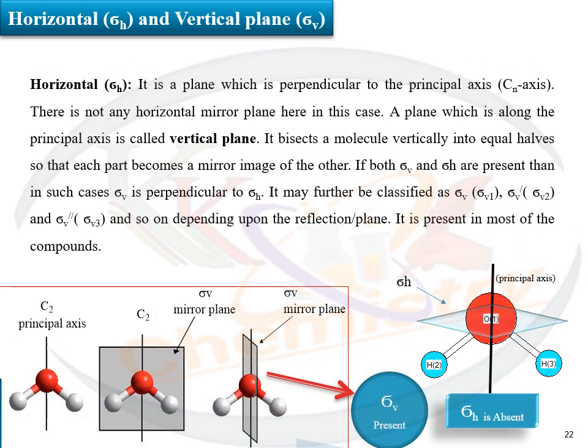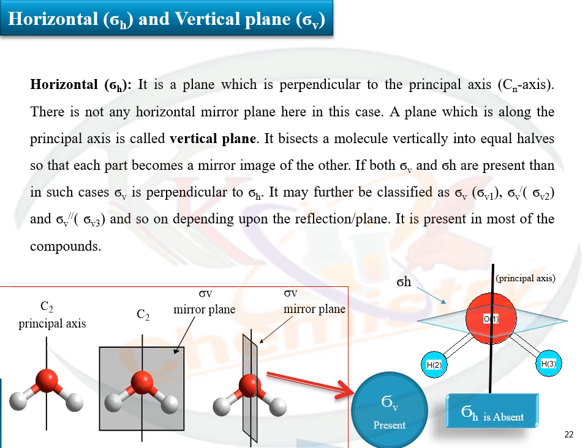This one is a dihedral plane and vertical plane. A horizontal plane is a plane that bisects; you consider it perpendicular to the principal axis. So by horizontal plane and vertical plane we mean, in the case of a horizontal plane, a plane which is perpendicular to the principal axis.